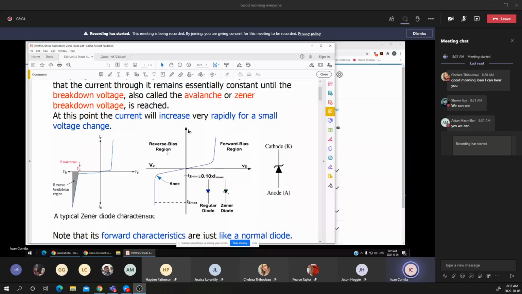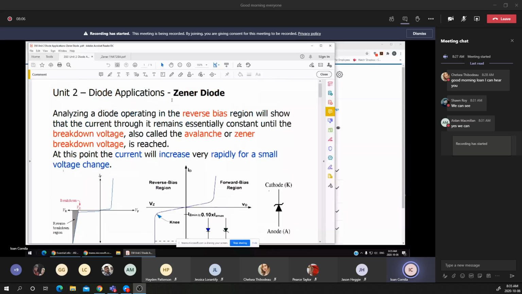This type of diode was discovered in 1934. Initially, it was just a theoretical diode discovered by an American theoretical physicist, Clarence Zener.